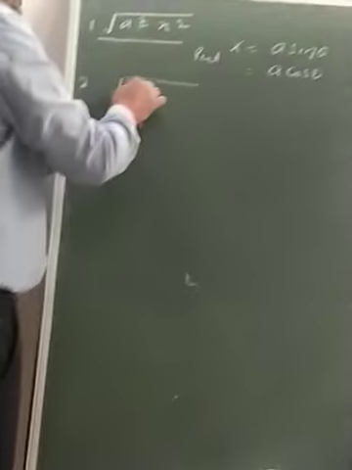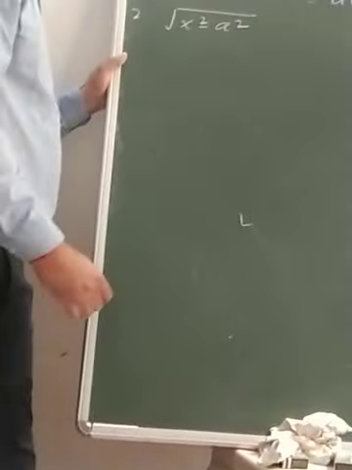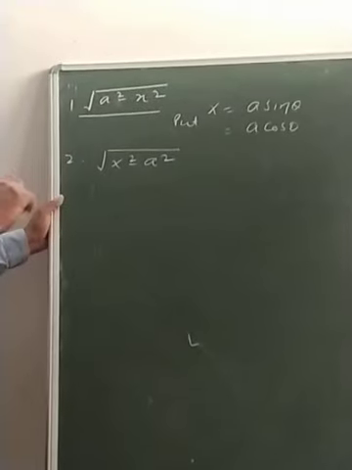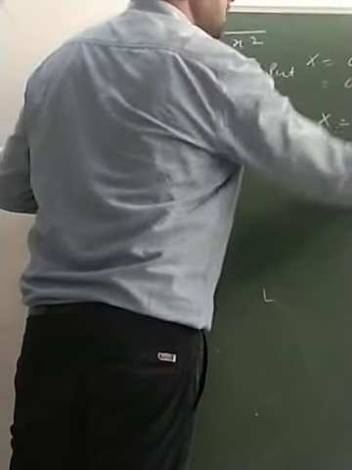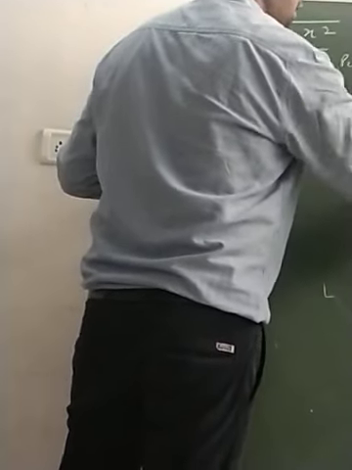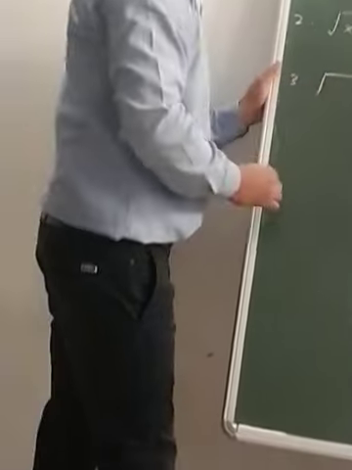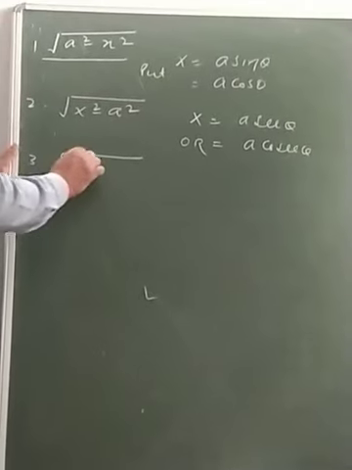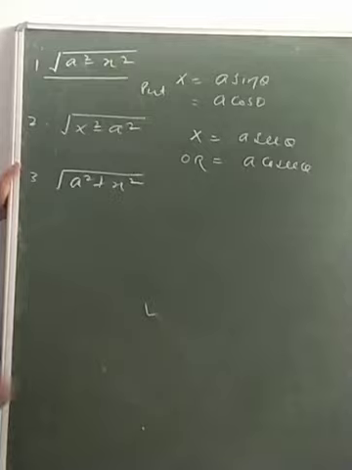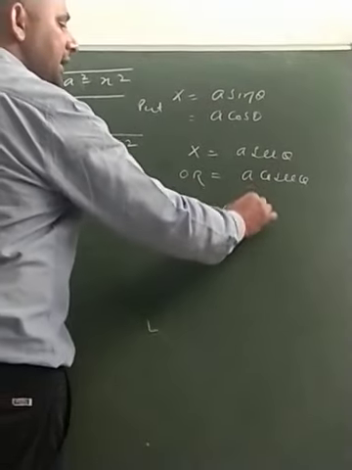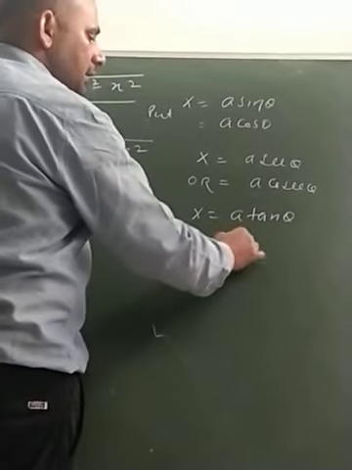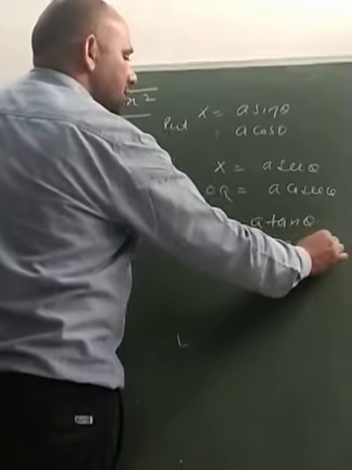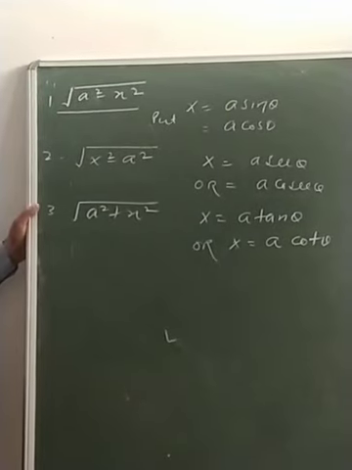But if we have x square minus a square, then we will put x as a secant theta or a cosecant theta. But if we have a square plus x square, then x is equal to a tangent theta or a cot theta.